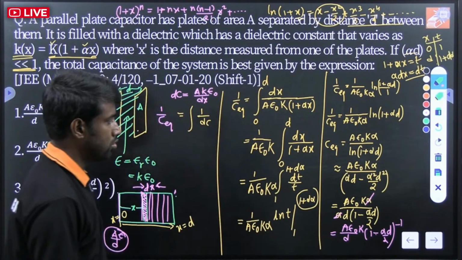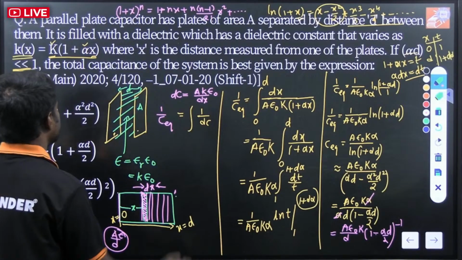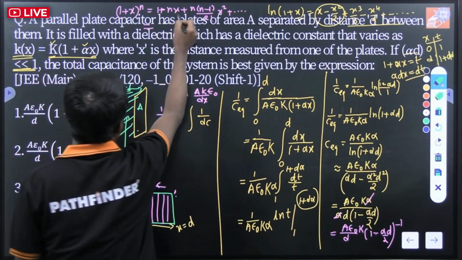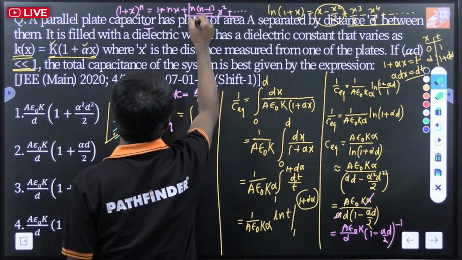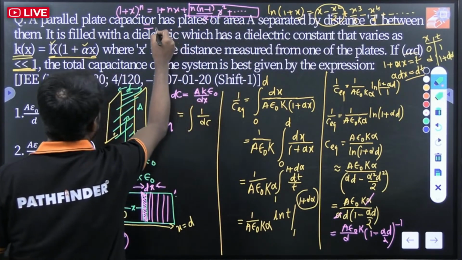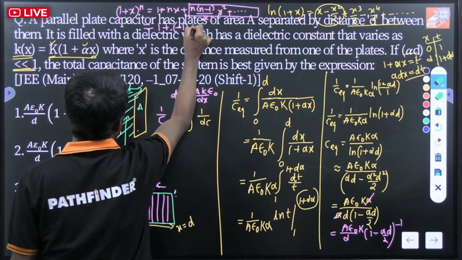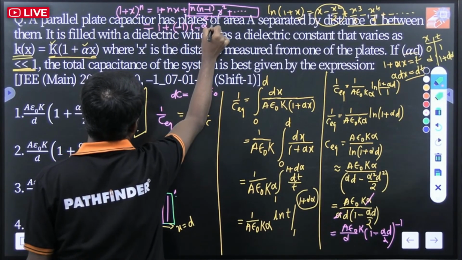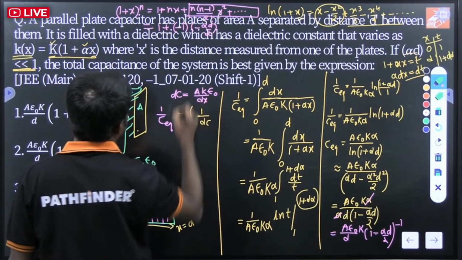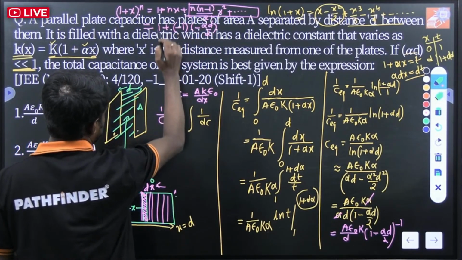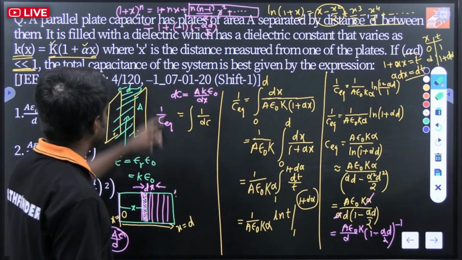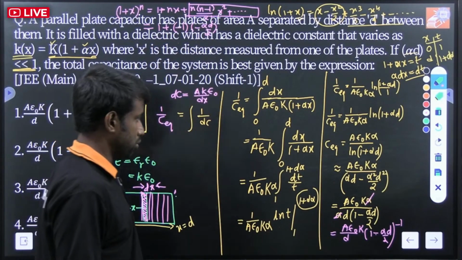So x equal to minus alpha d by 2. If we put this value and neglect the higher order term, finally we will get 1 plus n value is minus 1 and x value is minus alpha d by 2. This minus and this minus gives us a positive sign. So that will become 1 plus alpha d by 2.